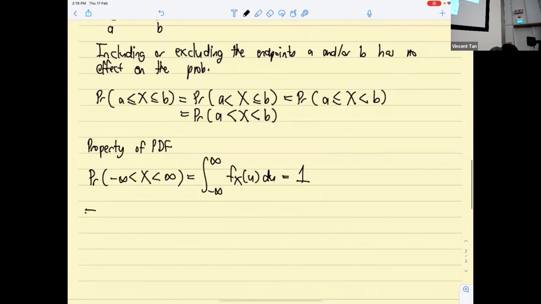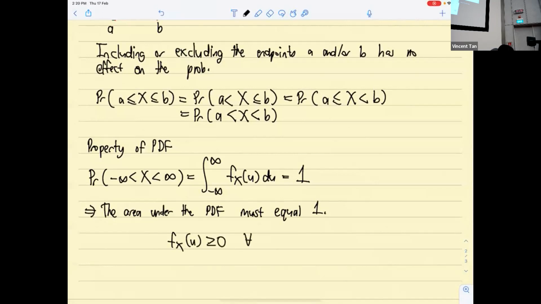So the punchline here is that the area under the PDF must equal 1. And that is how we actually figure out some normalizing constants. Now, obviously, there's another property, which is that the PDF must be bigger than or equal to 0 for all real numbers u in R. So these are some very natural properties.